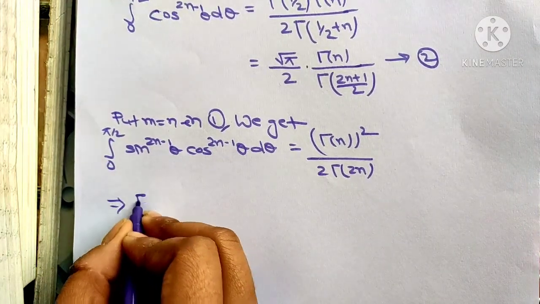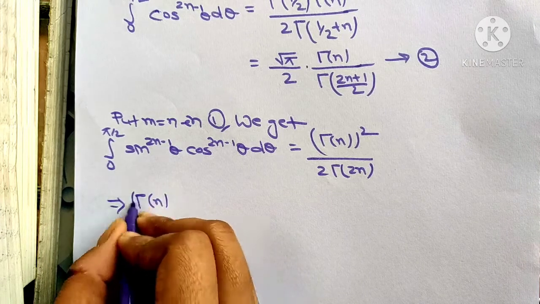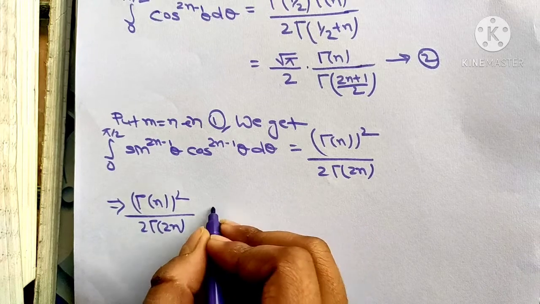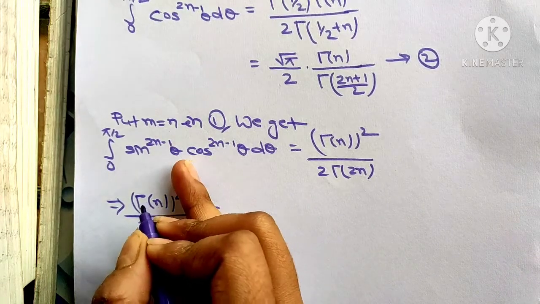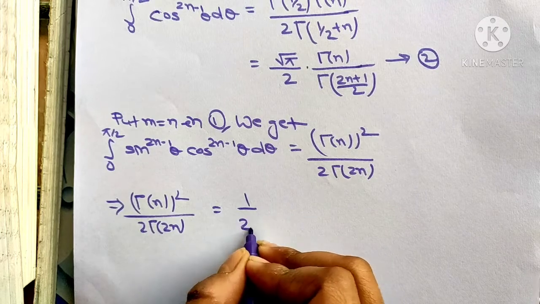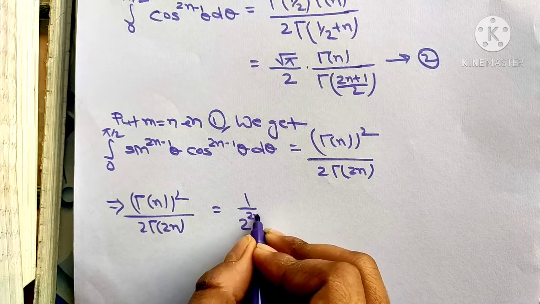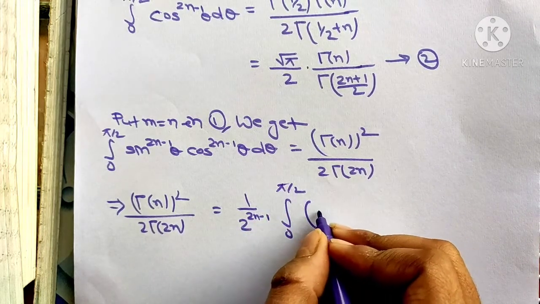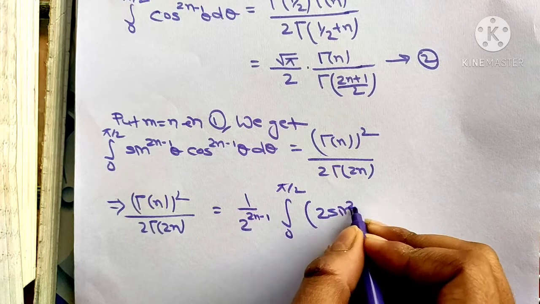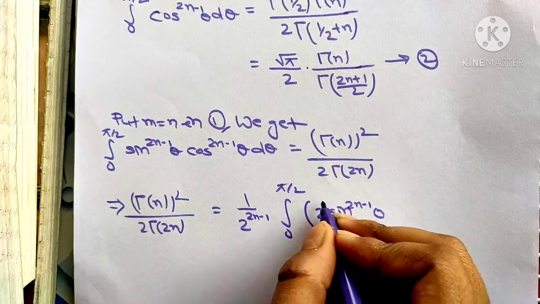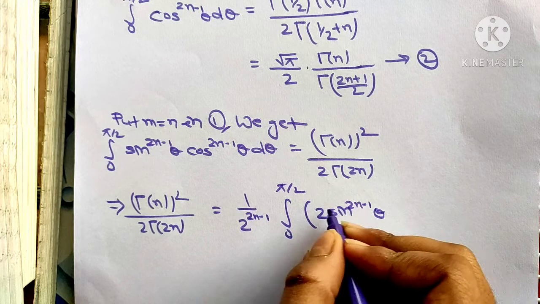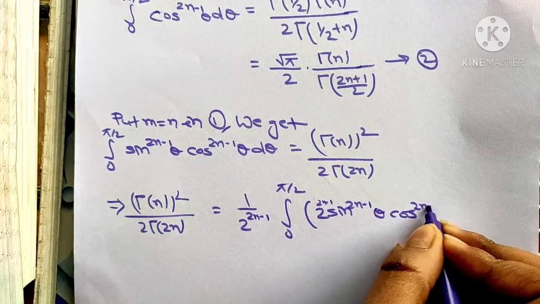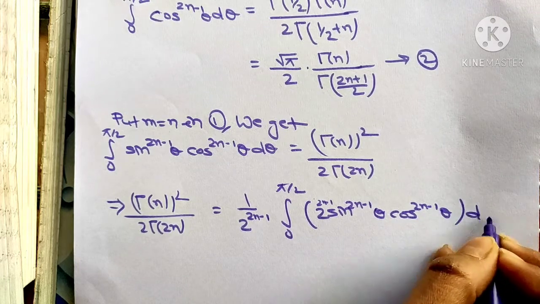Now gamma n whole square upon 2 times gamma 2n is equal to, we are going to solve this. Just see, we are going to multiply with 2^(2n-1), multiplying 2 sin^(2n-1) theta cos^(2n-1) theta d theta.